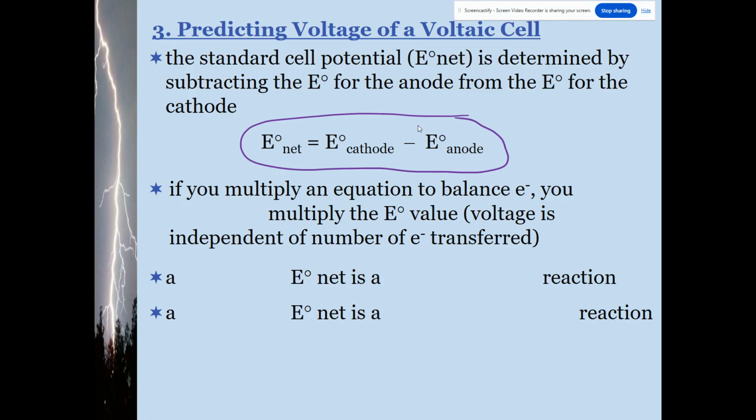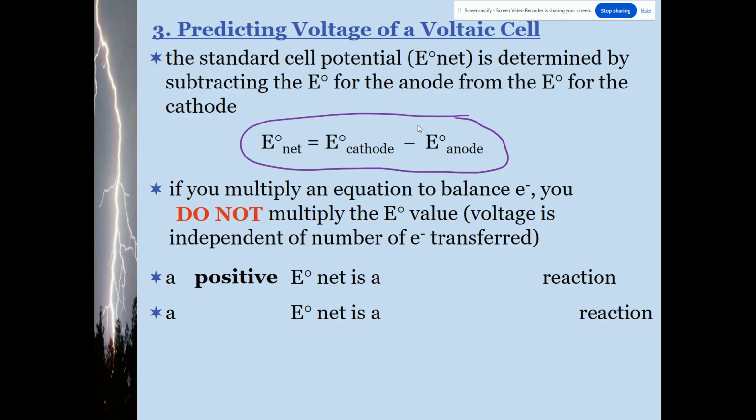But the E values are independent of the number of electrons transferred. So if I have to multiply a half reaction to make the electrons balance, that does not multiply the voltage values. The voltage values are independent and they stay the same. Cathode minus anode.